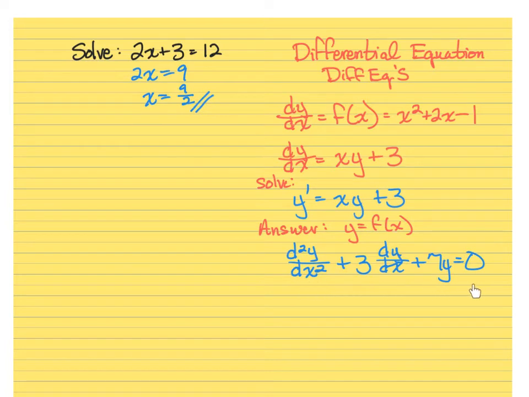All right, and so when we look at this differential equation, it involves y prime. Again, sometimes it's easier to write it like this. It involves y double prime plus 3y prime plus 7y equals 0. So if I needed to solve this, I would need to find a function y so that when I took its second derivative and added 3 times its first derivative plus 7 times the function itself, I get 0.